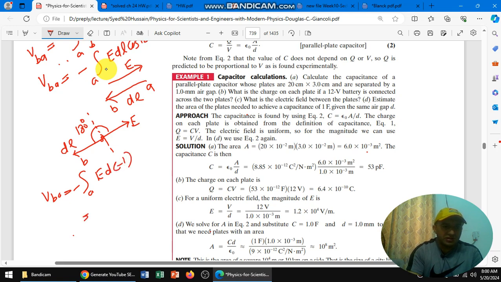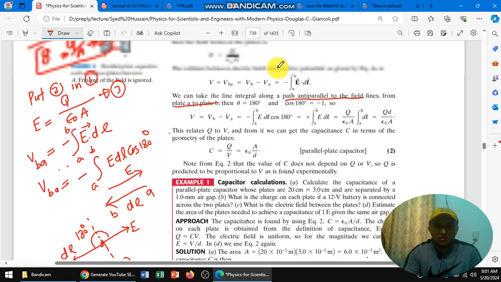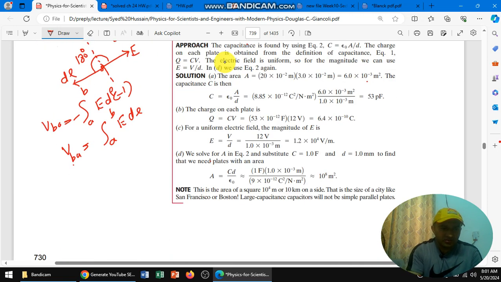That gives us the integral from A to B of E dl. This is VBA. Now we put in the intensity formula that we derived earlier, E equal to Q over epsilon naught A, and multiply with dl.